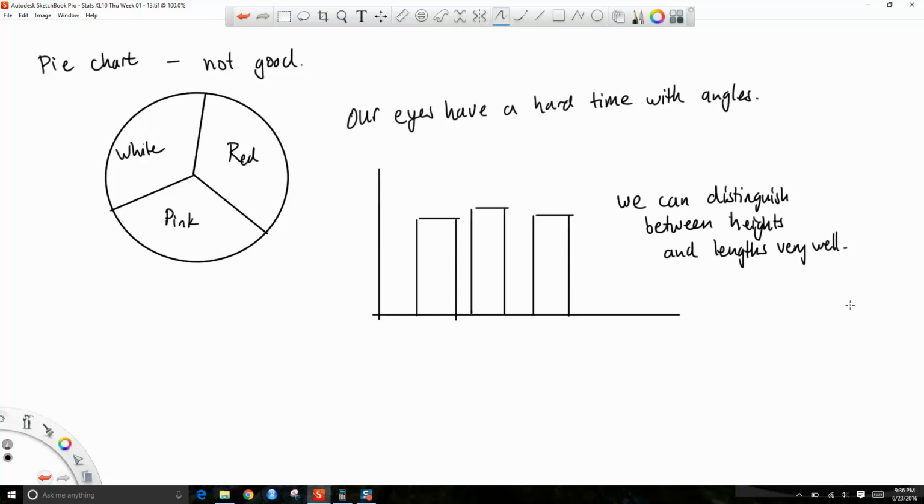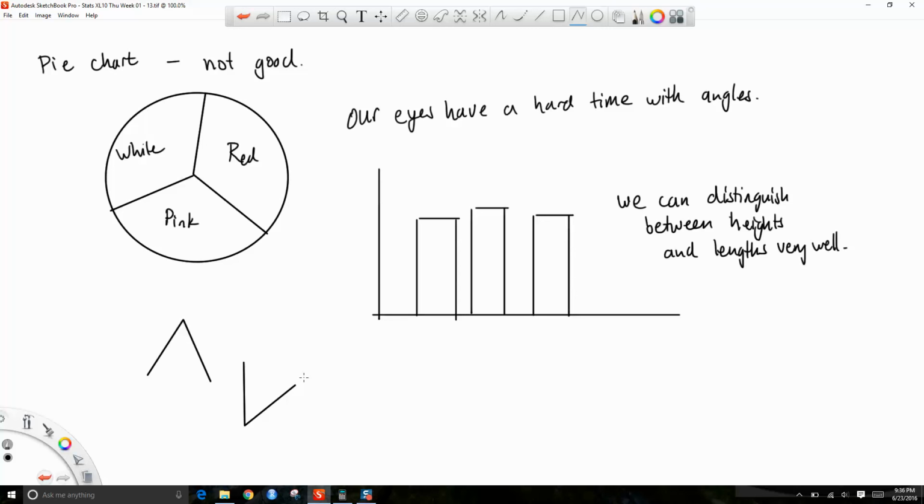Unless they're right angles. With right angles, somehow we like those. Anything other than a right angle, it's like, which angle was bigger? We have a hard time with that. That angle versus this angle, who knows?